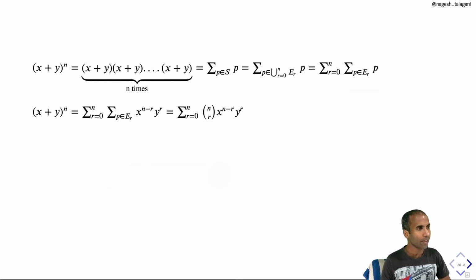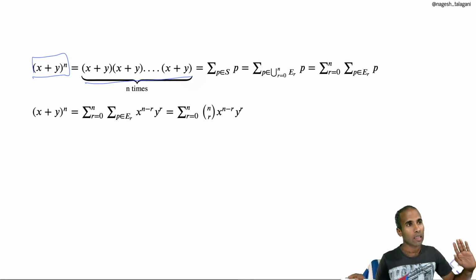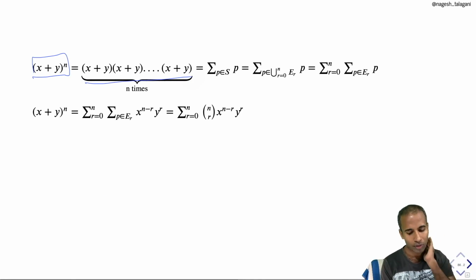Fine. Next, (x plus y) to the power of n means what? (x plus y) times (x plus y) and so on, n times. Then if you multiply, you get a total of permutations, so the summation here, p varying over permutations, I'm just writing p.